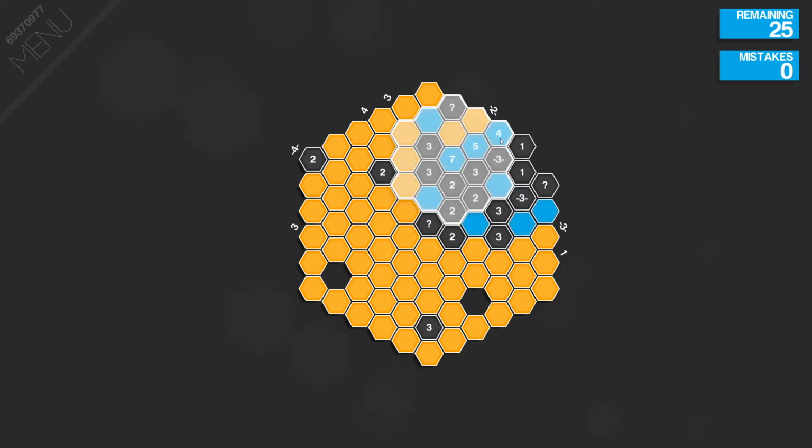So the 4. So 1, 2, 3, 4, 5, 6. And it has to be one of those two, which makes it 7. It can't be that one. Which means we can close him. I've just clicked the wrong button.